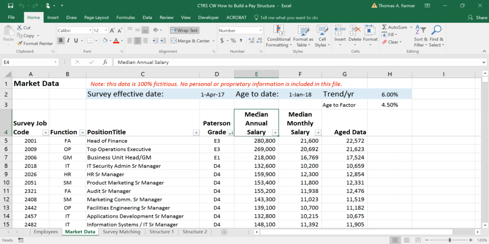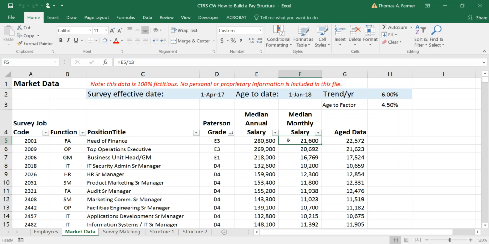So in the market data, I'm converting it down to monthly by dividing by 13, because my hypothetical company pays 13 months, and the 13th month is guaranteed. So I divide the annual market salary by 13 to come up with a monthly market salary.